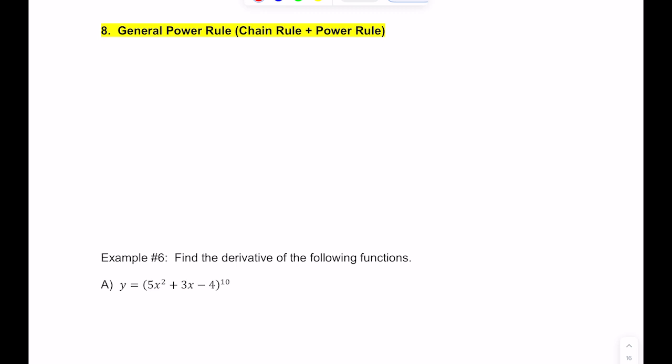So the general power rule, now that we learned about both the power rule and the chain rule, is just both of those combined together, okay?